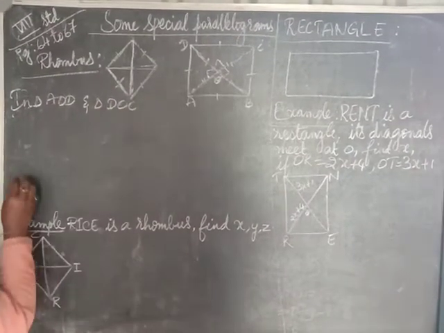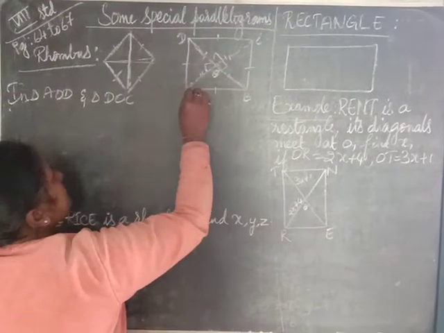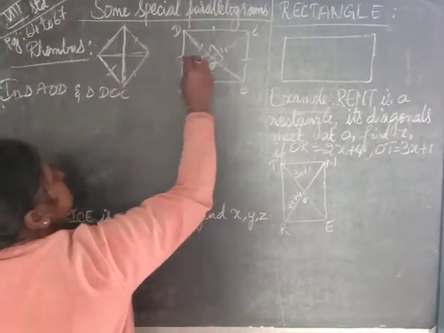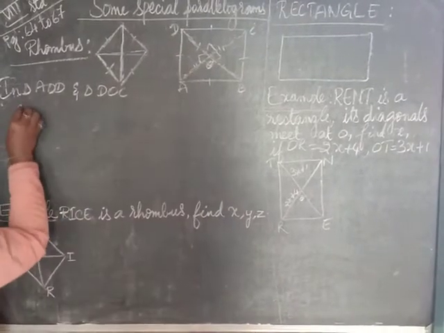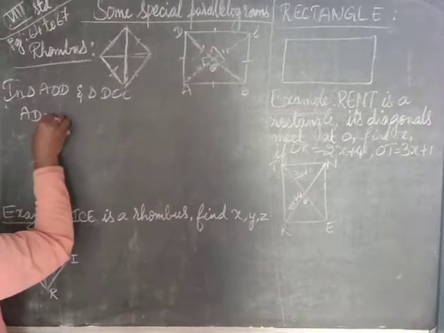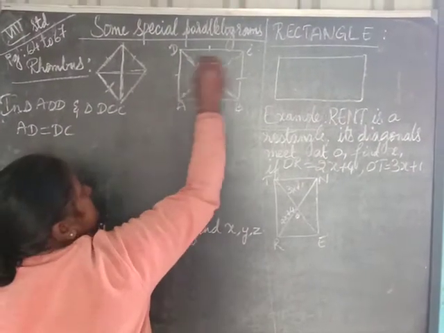In these triangles, we know that AD is equal to DC. Why? Since all the sides are equal.